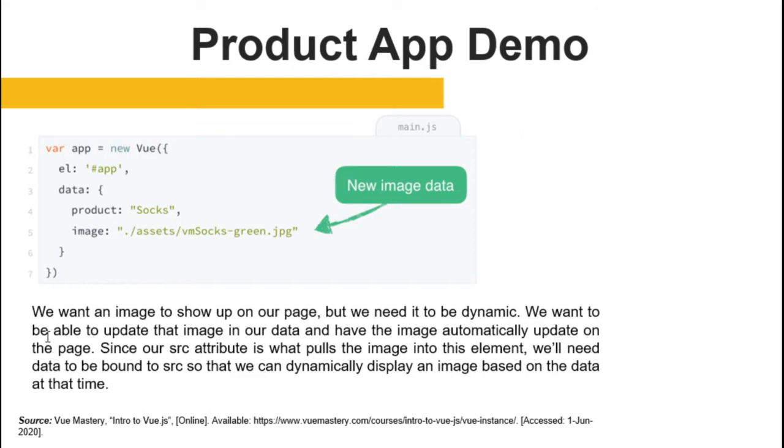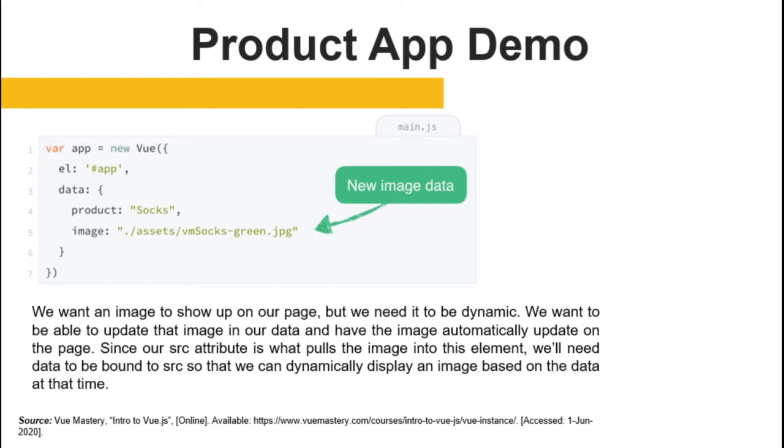We want to be able to update that image in our data and have the image automatically update on the page. Since our src attribute is what pulls the image into this element, we'll need data to be bound to src so that we can dynamically display an image based on the data at that time.